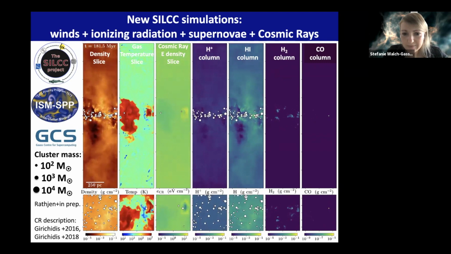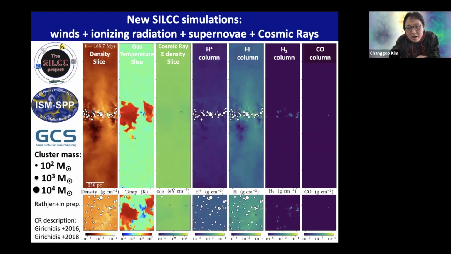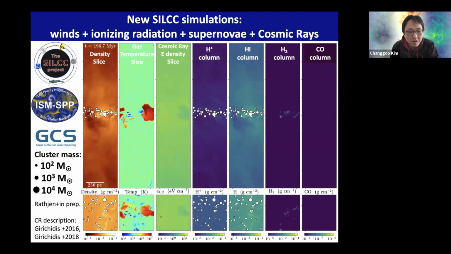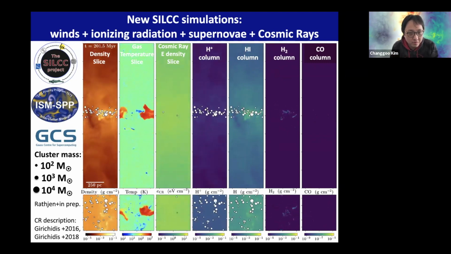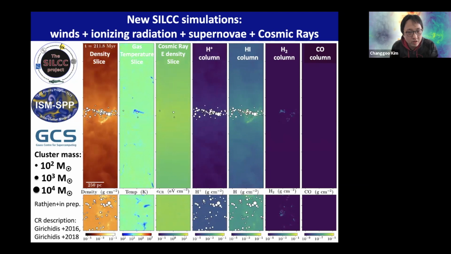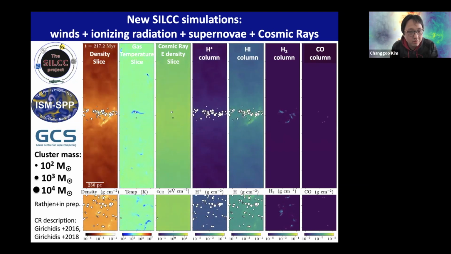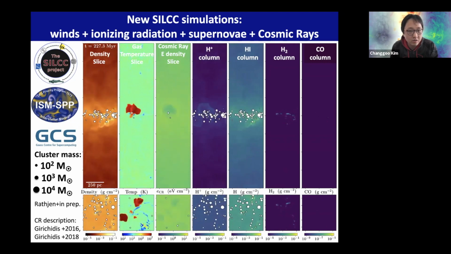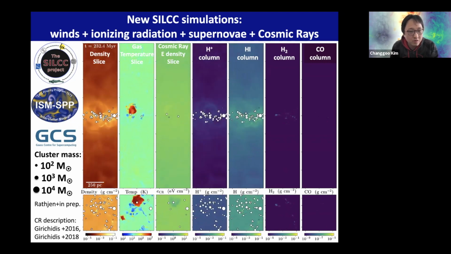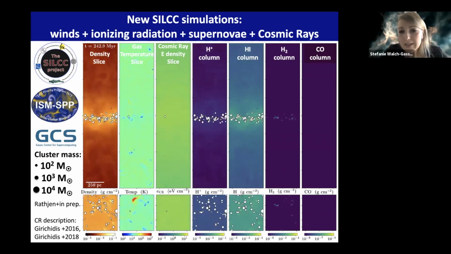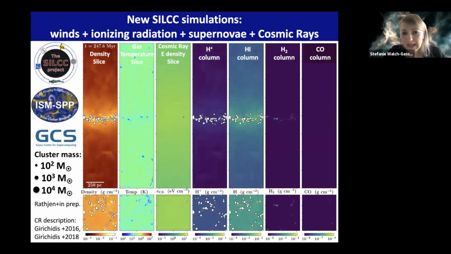Okay, thanks. Can I ask you something? Yeah, sure. Looking at the movie, I have the impression that when you have a very strong burst, it comes with a very large fraction of cold gas at high altitude. Do you understand why that is? Yeah, actually there are two ways to get cold gas at higher altitude.